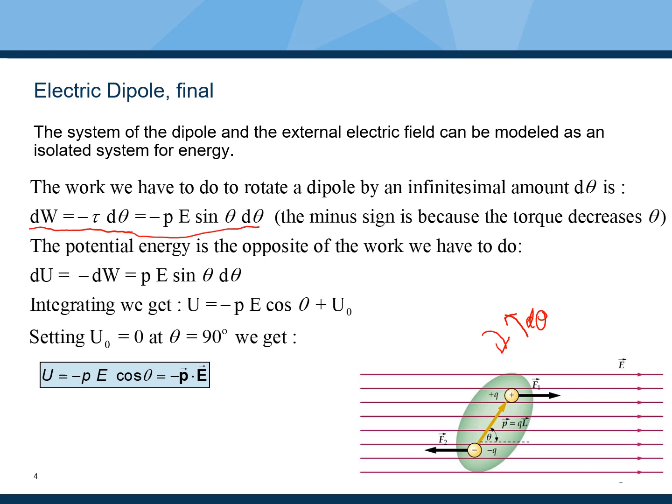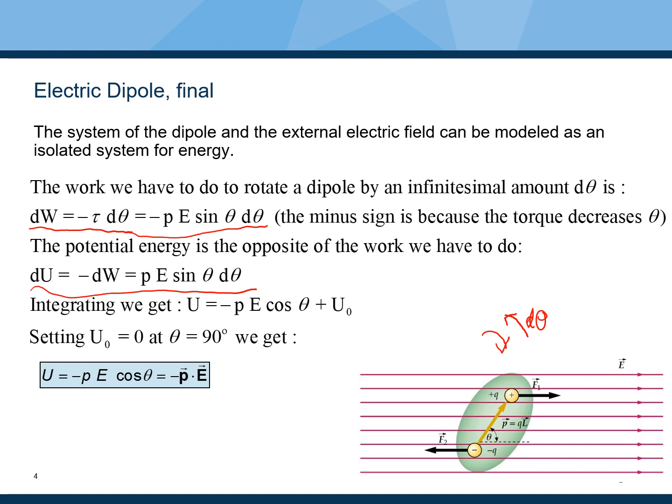So we go ahead and extend this formula out here, and now we realize that the potential energy is actually the negative of the work that we have done, and therefore the infinitesimal change in potential energy of the dipole when it is moved around by an angle theta is given by this formula, and so we go ahead and integrate it out.